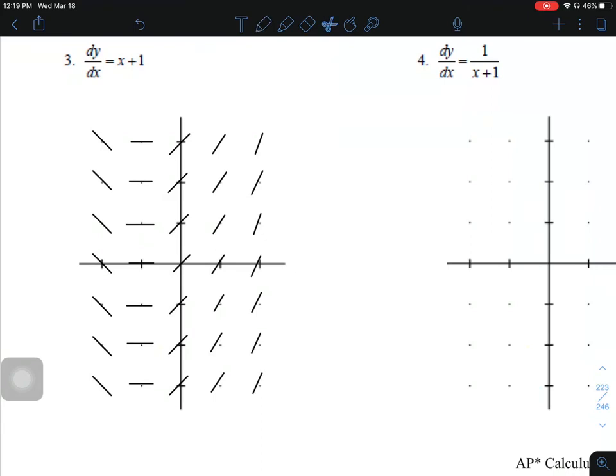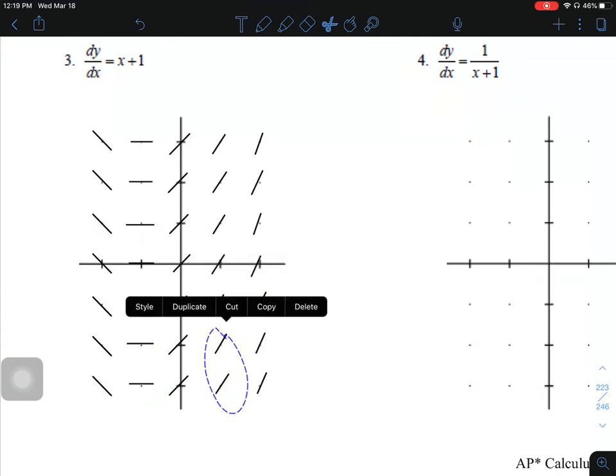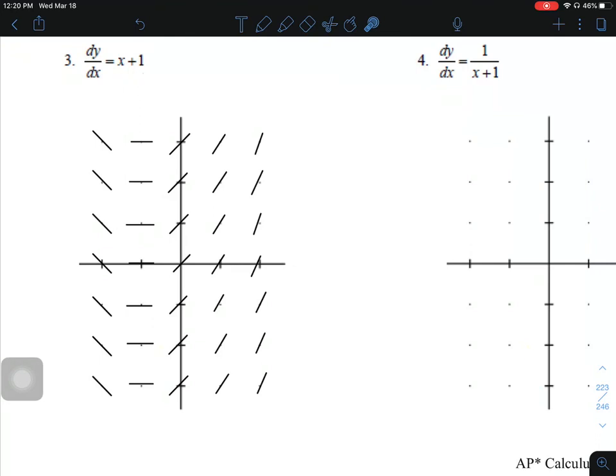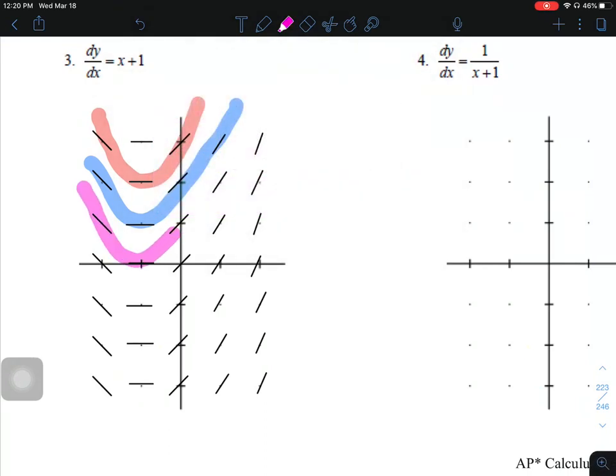These are all representing parabolas. We know that because the antiderivative of this is a quadratic. Just pointing this out, each of these represents a parabola. Each of these represents a particular solution to this.